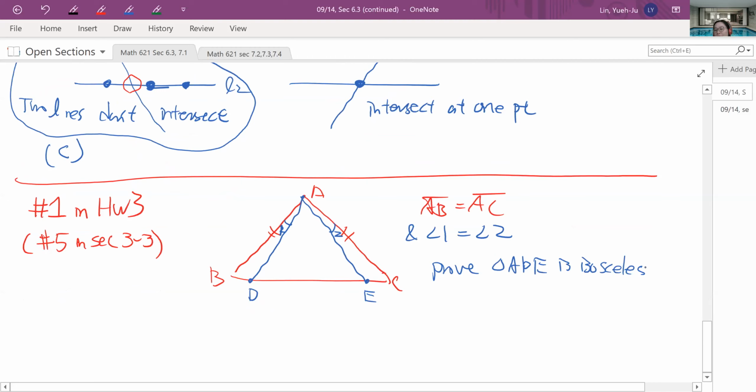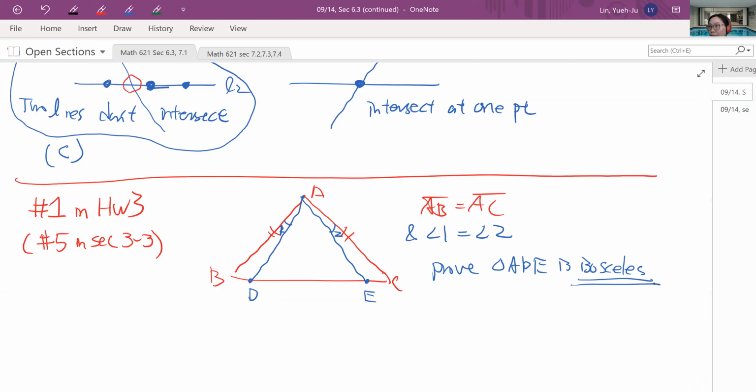Before I tell you the correct answer, I want everyone to recall, just tell yourself, what's the definition of an isosceles triangle? You should have an answer for yourself. The definition of an isosceles triangle is simply a triangle with 2 equal sides, and that's it.